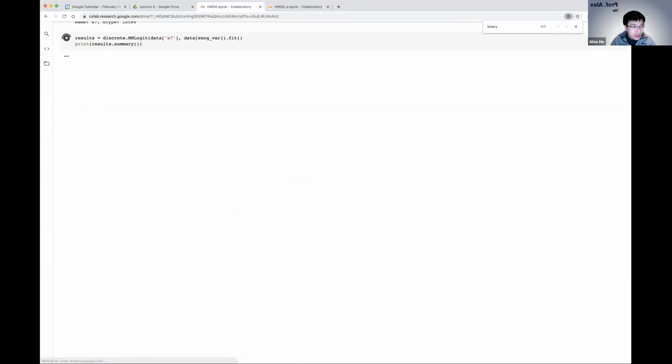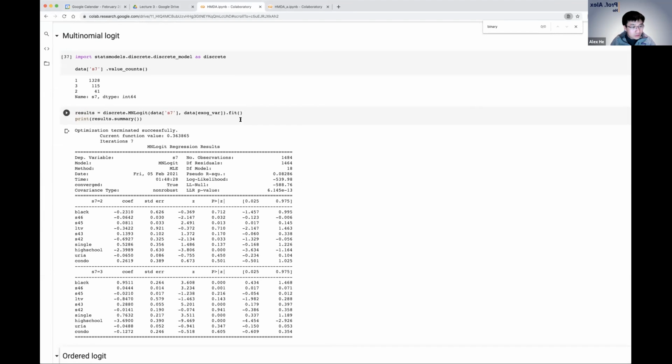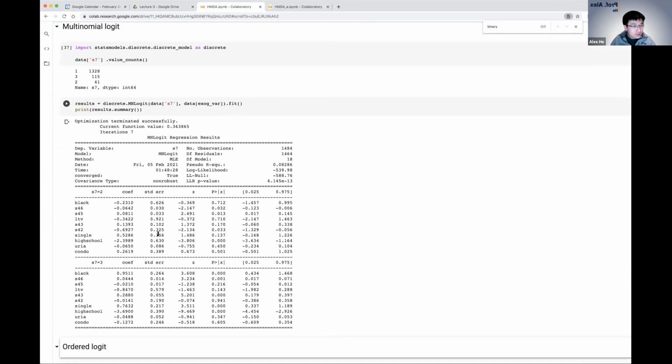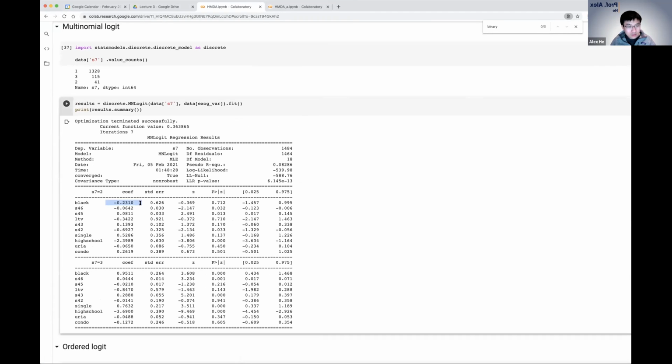And if we try that, we can see that compared to the 1 category, which is accepted, black has a negative coefficient here, so they're less likely to be withdrawn, right? They're less likely to be approved and not accepted, and they're more likely to be rejected.